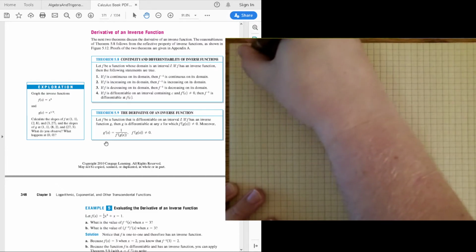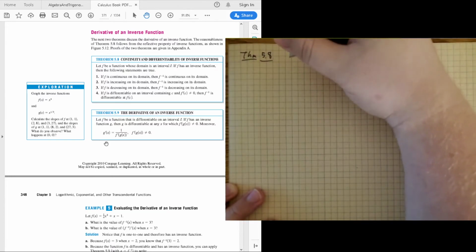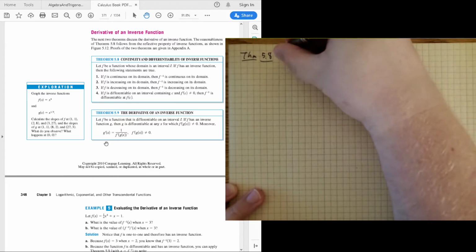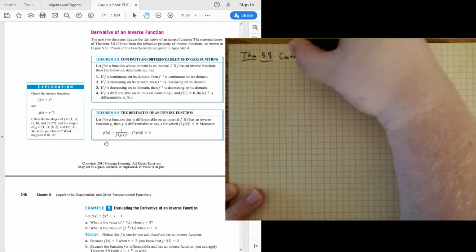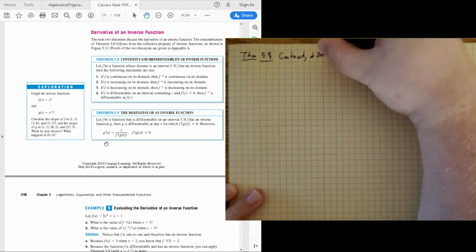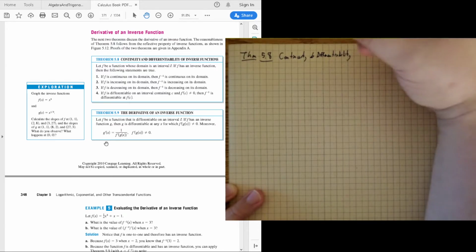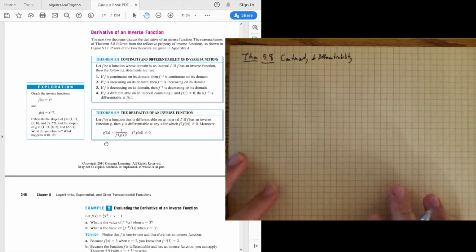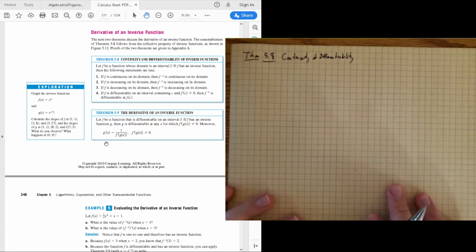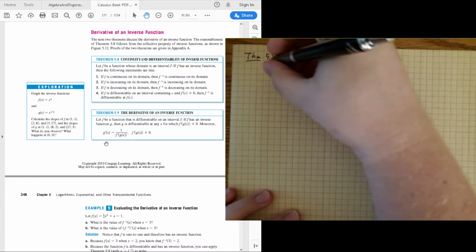Alright. Theorem 5.8. This has to do with continuity and differentiability. Okay, these are some parts to it. Let me go ahead and talk about each one. First thing is the givens, what needs to be found.